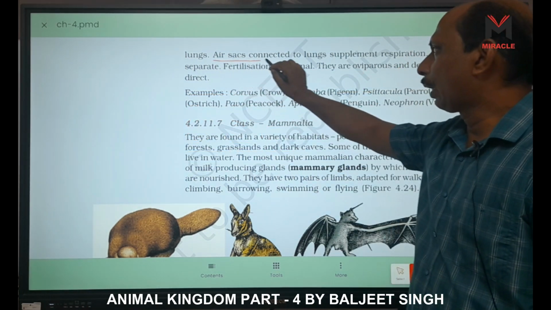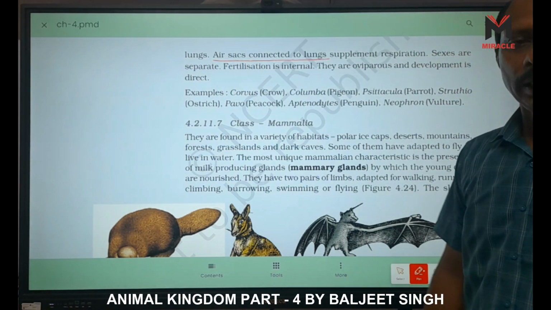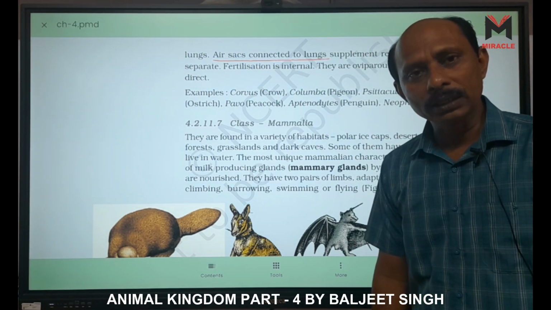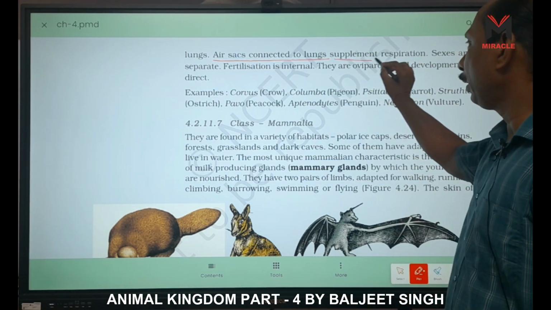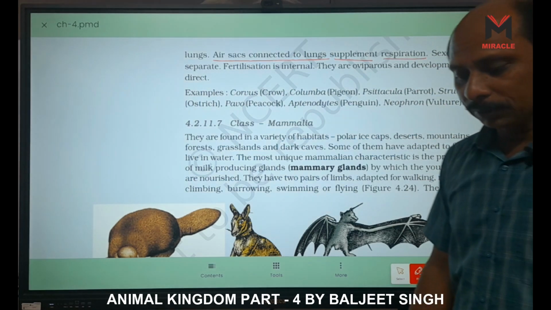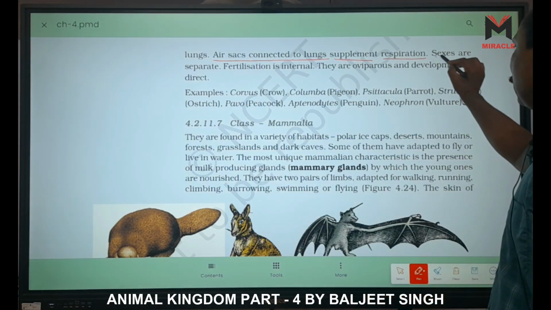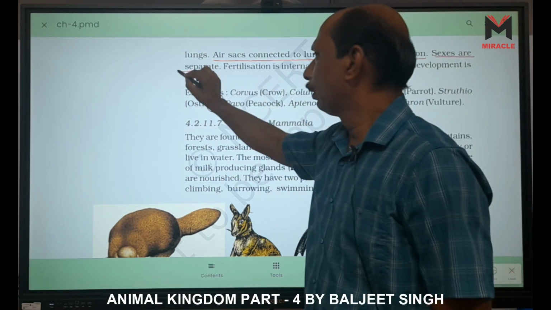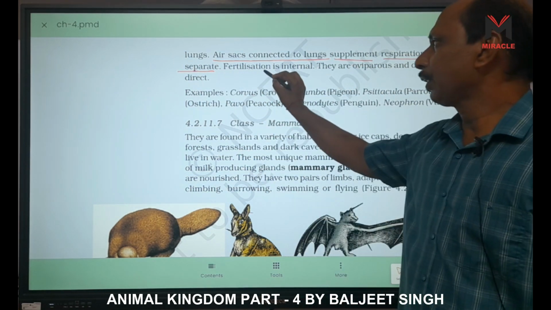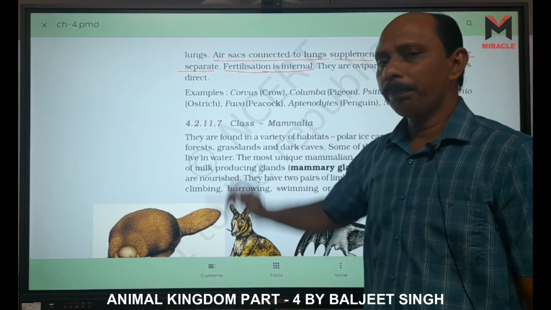Air sacs are also present, connected to the lungs. They supplement respiration and give more area for exchange of gases. Sexes are separate, unisexual. Fertilization is internal, but development is external.